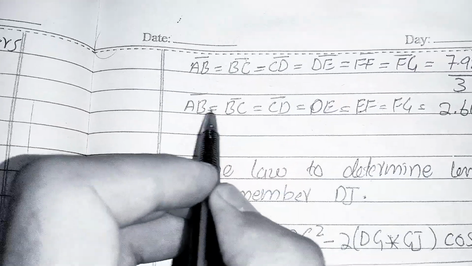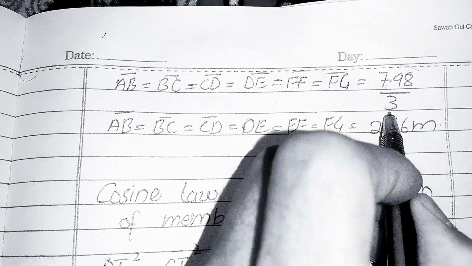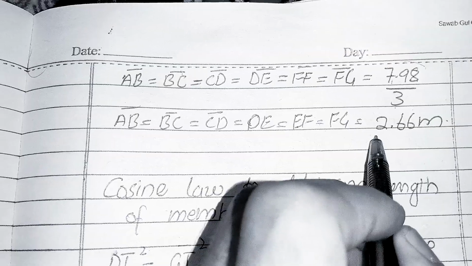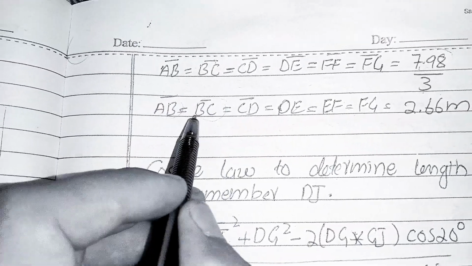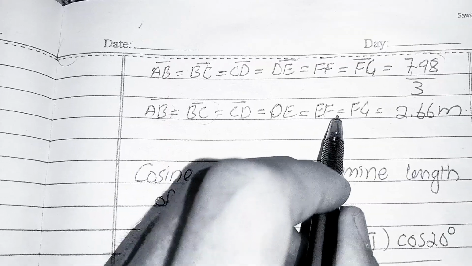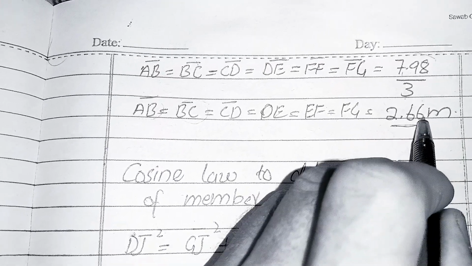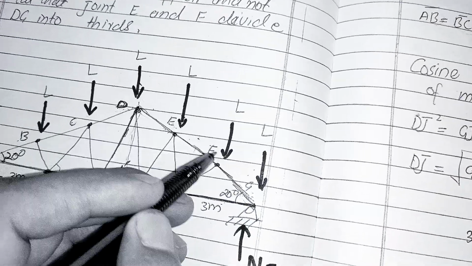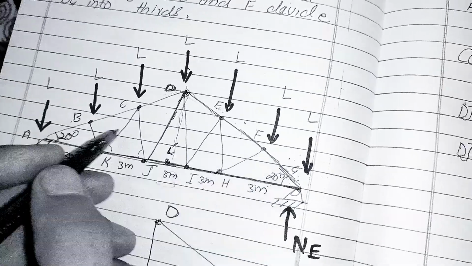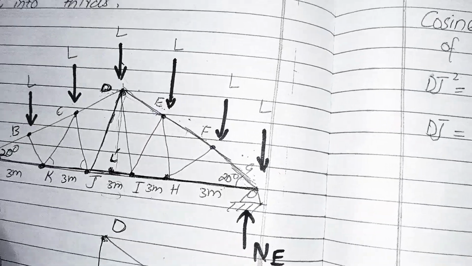So all the lengths in AB and the others are equal. 7.98 divided by 3, the length of a single member AB, BC, CD, DE, EF, FG, will equal 2.66 meters. All these lengths are equal to 2.66 meters.